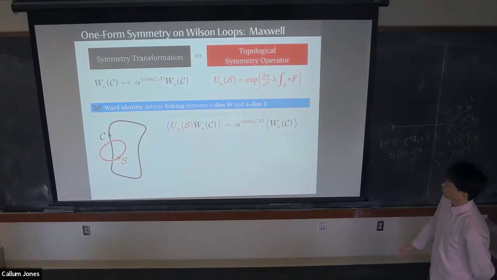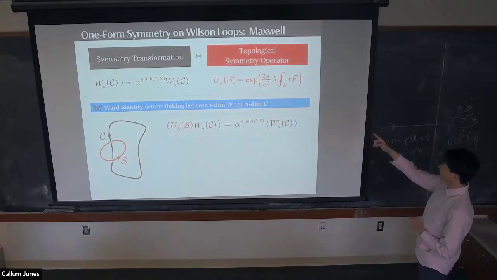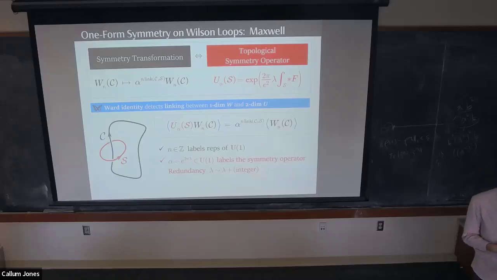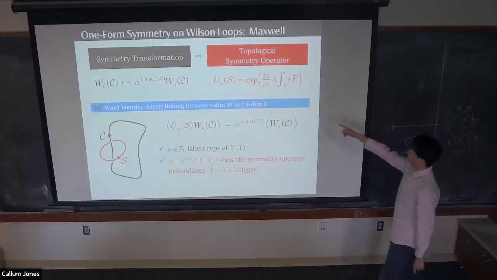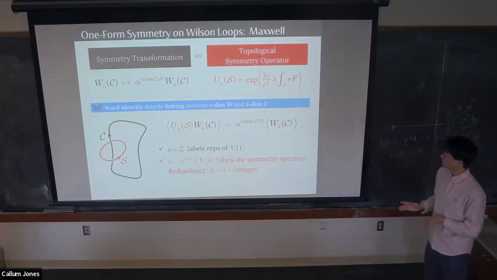In this case, the Wilson loops are given by the line integral of the U(1) connection, and the topological symmetry operator is written down very explicitly in that formula. The Wilson loops are labeled by the representations of the group U(1), which are just integers, while the symmetry operator, as you can see here, is parameterized by some continuous parameter, lambda.